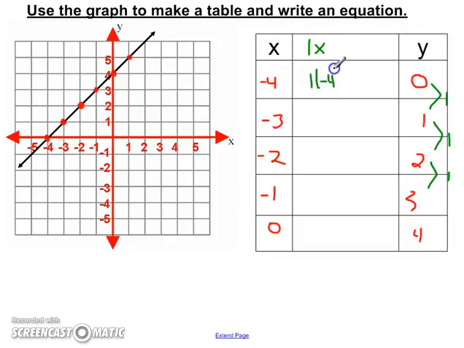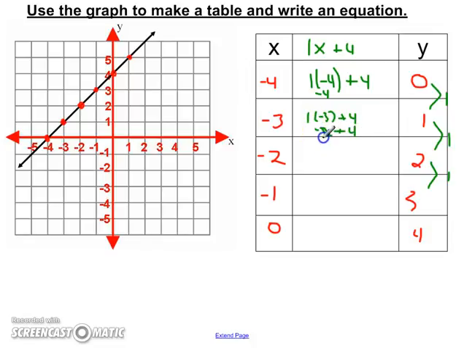So 1 times negative 4, well, that would be negative 4. What do I do to negative 4 to make 0? Well, I add 4. Negative 4 plus 4 is 0. All right, let's check and see if that works for the rest of them. 1 times negative 3 plus 4. Well, 1 times negative 3 is negative 3 plus 4.